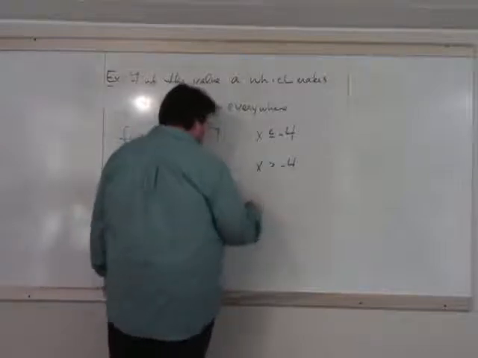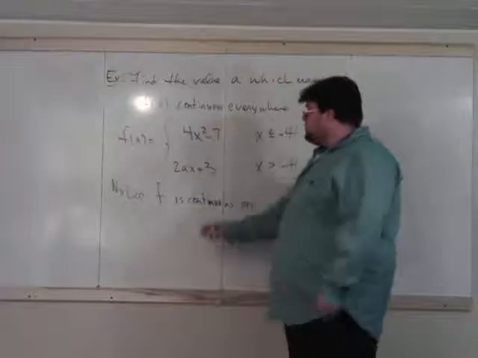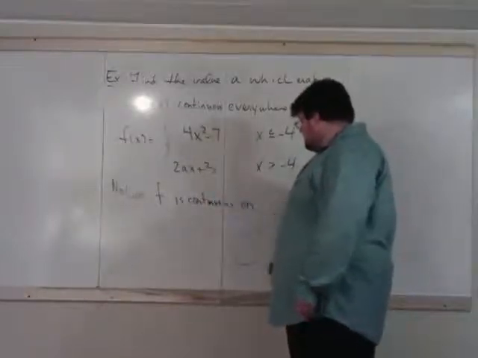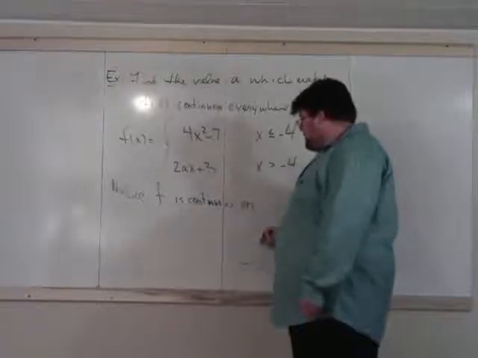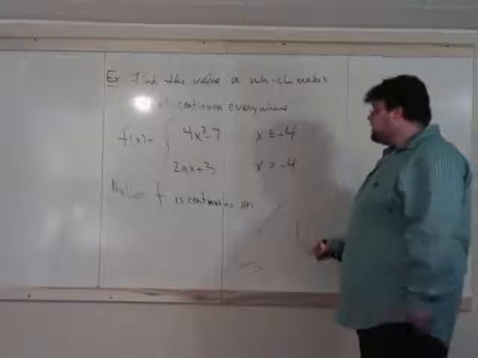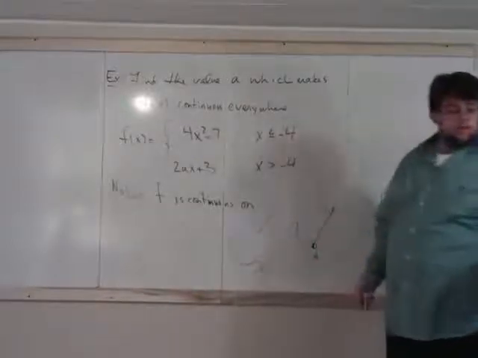continuous on everything except -4. What we have to do is ensure that this parabola and this line meet at -4. In that drawing, they don't meet. We want to find the value a that guarantees they will meet at -4.